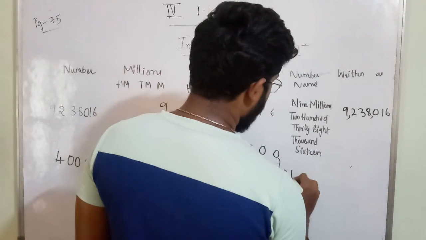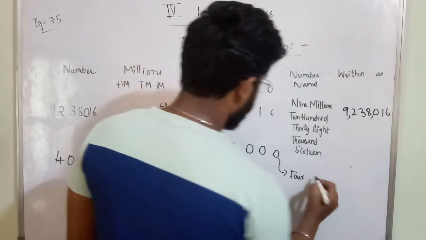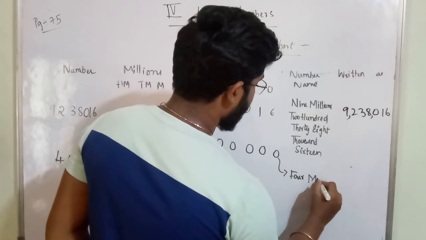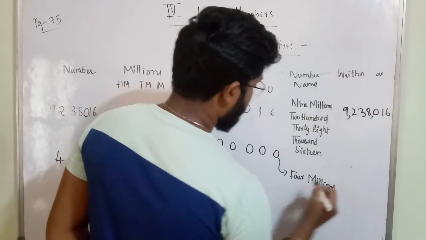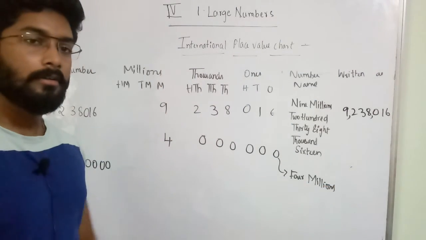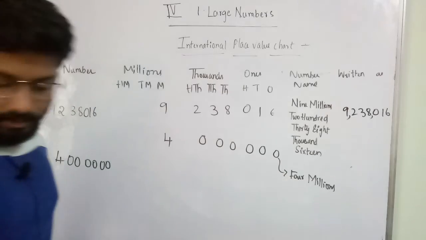So I am writing the number name here. 4 million. That's all. 4 million is the only answer, because you have all zeros only.